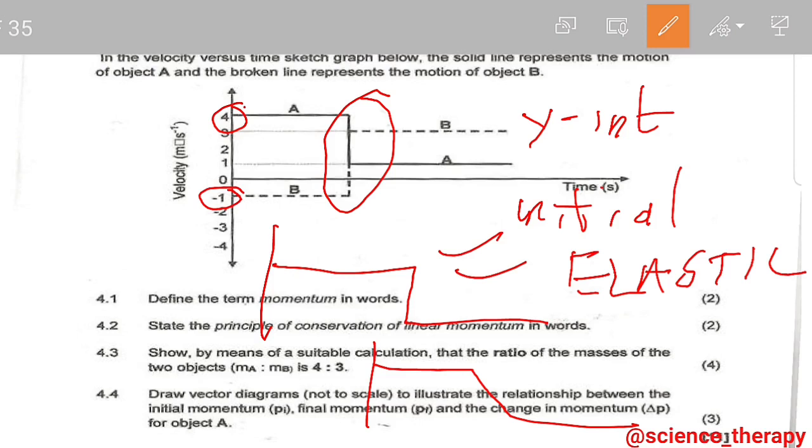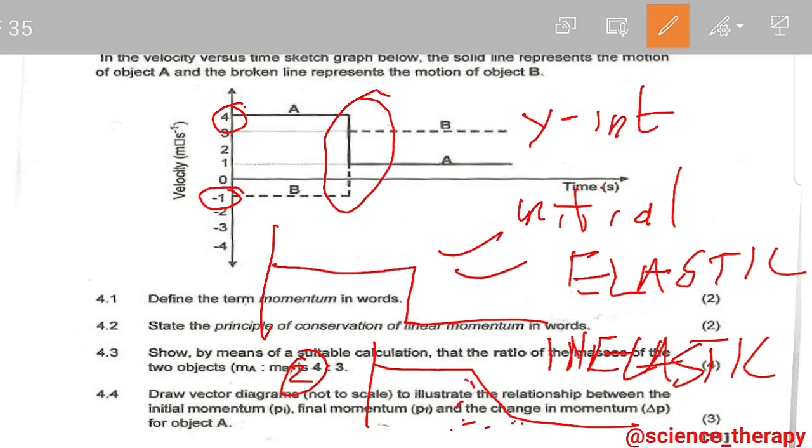But if you look at this second one here, you can see that the graph is slanting during the period of collision. So that means this is the graph for an inelastic collision, right? So once you see a graph that is slanting like that, you already know that the collision is inelastic because of what? There is contact time in between the objects.